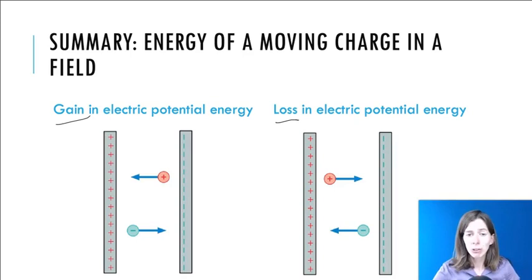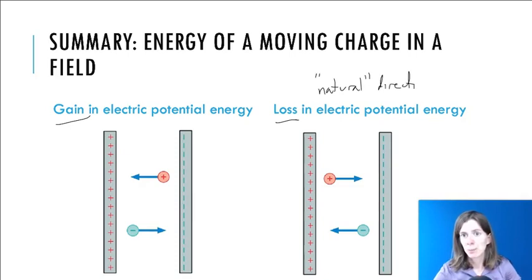Now, before even using the equation, you could just think about, is it going the way that it naturally wants to go? So in this case here on the right, it's going in the natural direction. We can say, again, this is just my term for it, natural direction due to the electric field.